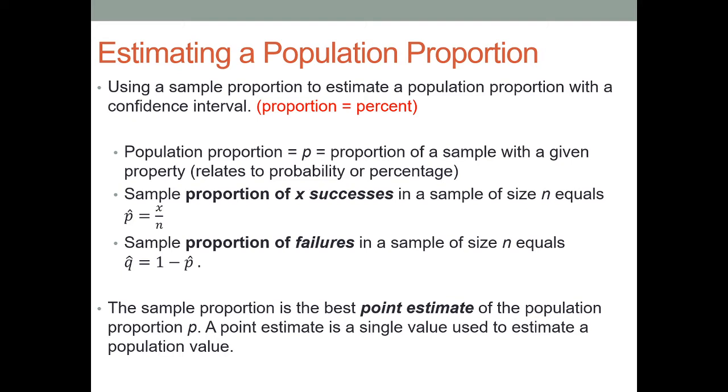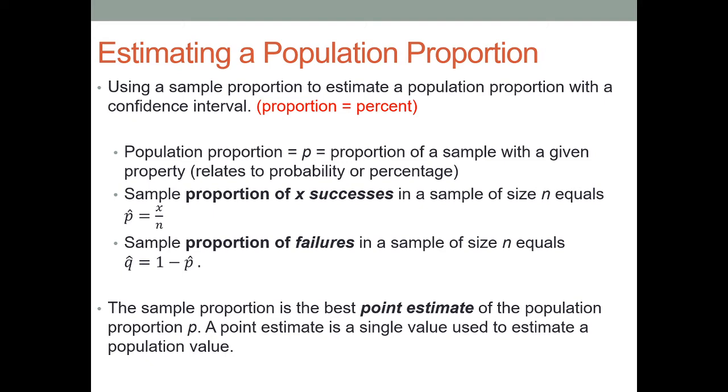Those are population proportions. We designate these in terms of successes and failures. For the percent of people who own a home, a success would be somebody who owns a home, and a failure would be somebody who does not own a home. We just say those words to get the clarity out of the way.